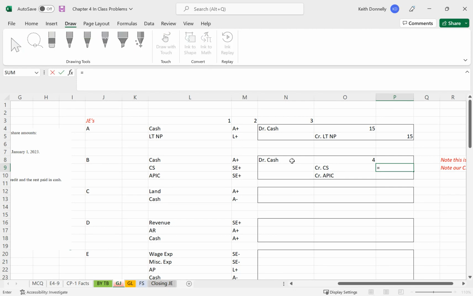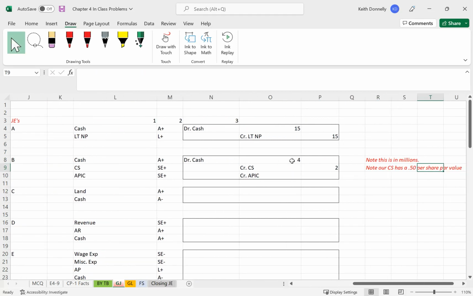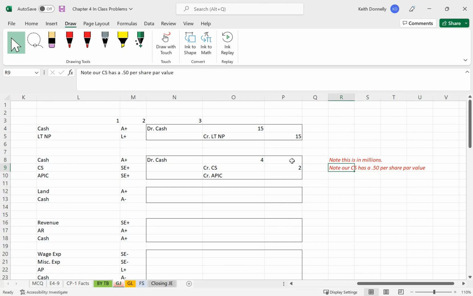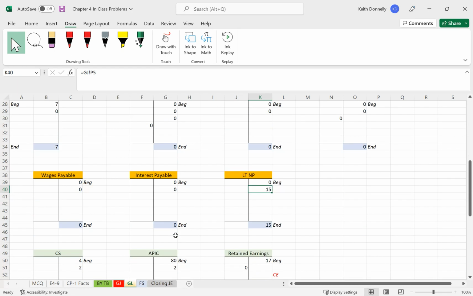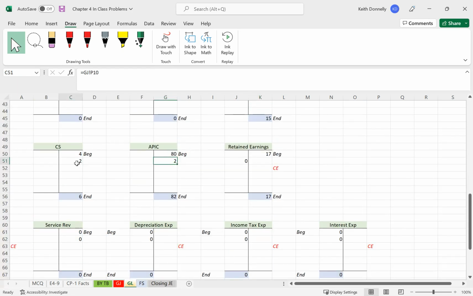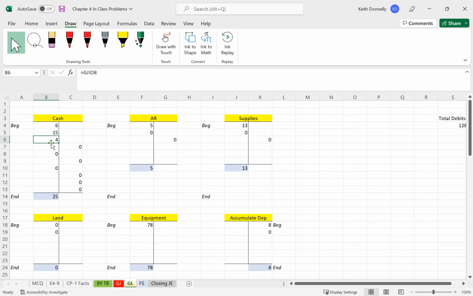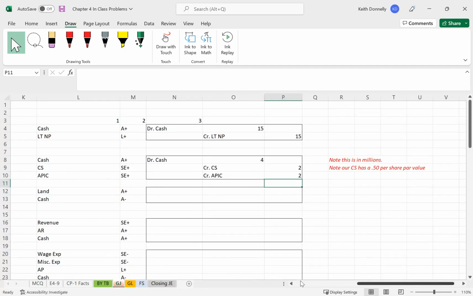For our common stock, we sold 4 million shares times the 50-cent par value. Remember I said from this beginning year trial balance, our common stock has a 50-cent par value. Well, if that's the case, our APIC has to be 2. And again, just to show you what's going on here, 2, 2, 4. It's auto-populating over, okay?